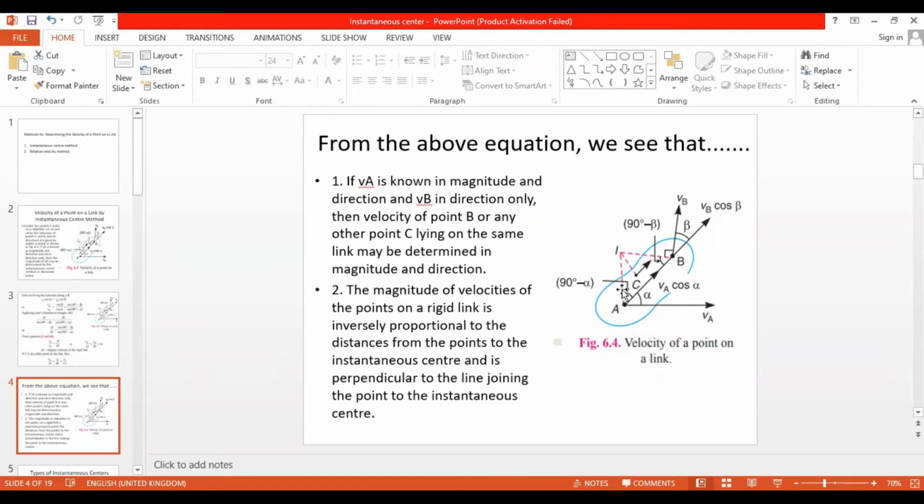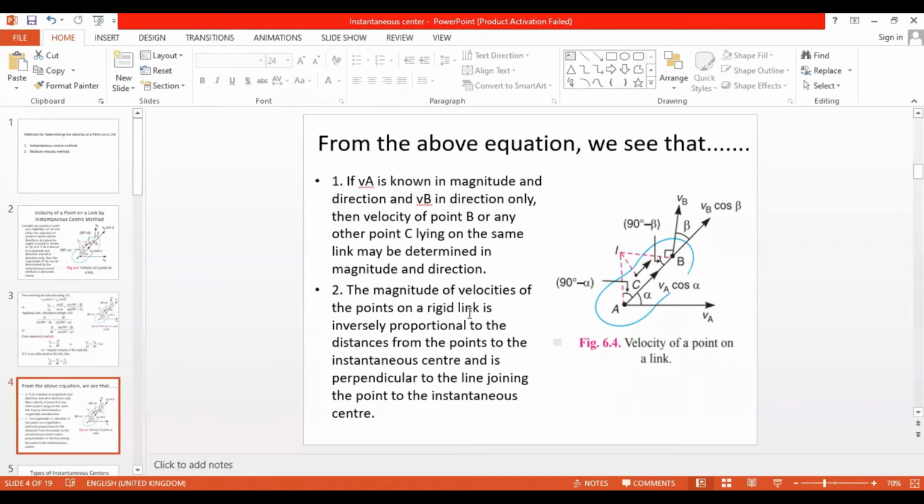Similar way, this dotted line, here is our velocity VB. This is the link, and perpendicular to that is this direction, this dotted line. So this dotted line and this dotted line meet at a point, and this particular point is called the instantaneous center, right? This is I, that's why we call it I, instantaneous center.